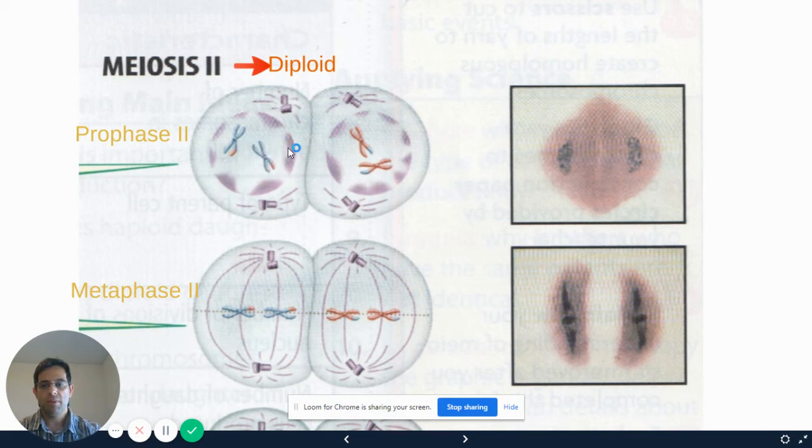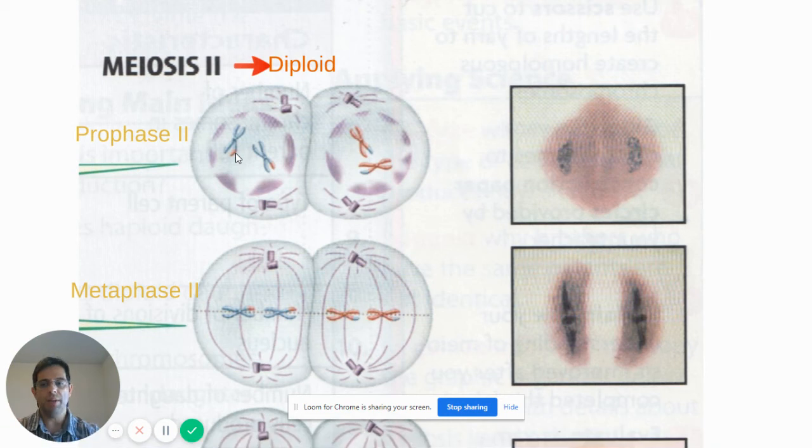So in prophase again, we have the nuclear membrane disappearing. Again, the centrioles move towards the edge of the cell and start making the spindle fibers again, right? They already have exchanged pieces of DNA during prophase one in a process we call crossing over.